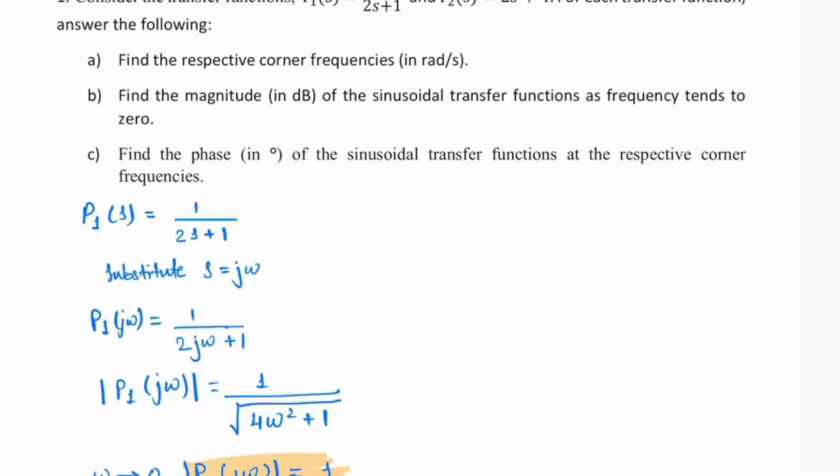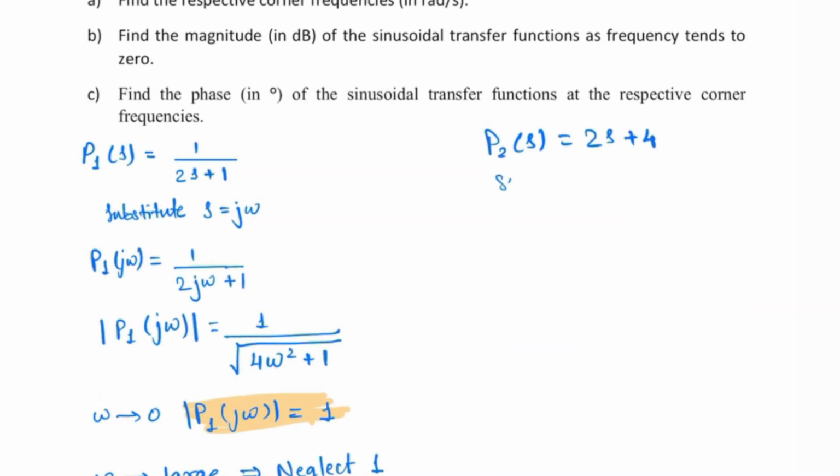Similarly, let's take a look at P2 of S, which is 2S plus 4. If we substitute j omega in place of s, so that is s equals j omega, then P2 of j omega would be 2 into j omega plus 4.